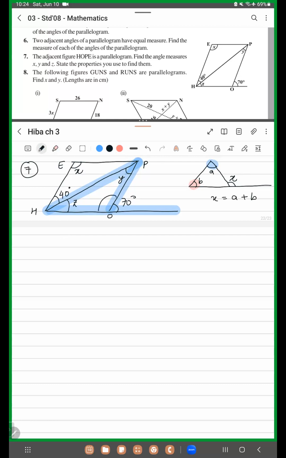We don't need to name this one. There are only two angles in that triangle inside, but Hiba, it's okay. We don't need to know this one. Are you understanding?